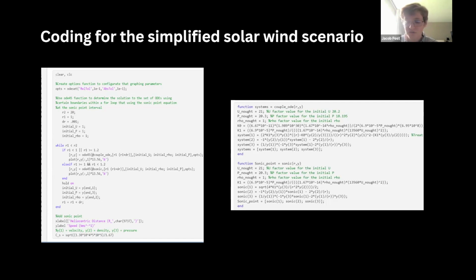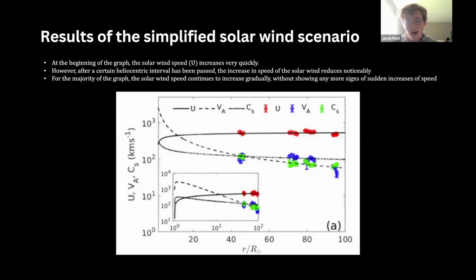And so the results of this program, unfortunately, were lost in translation. Something went wrong with the graph towards the end of the internship, so I'm unable to show it to you now. So instead, I have found a graph that is similar to what mine would have looked like.